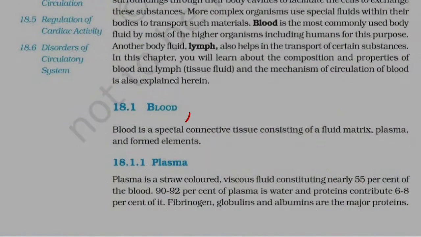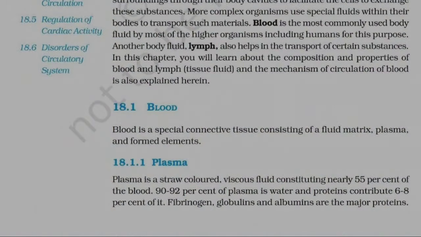18.1. Blood. Blood is a special connective tissue consisting of a fluid matrix, plasma, and formed elements. 18.1.1. Plasma. Plasma is a straw-colored, viscous fluid constituting nearly 55% of the blood. 90 to 92% of plasma is water, and proteins contribute 6 to 8% of it.